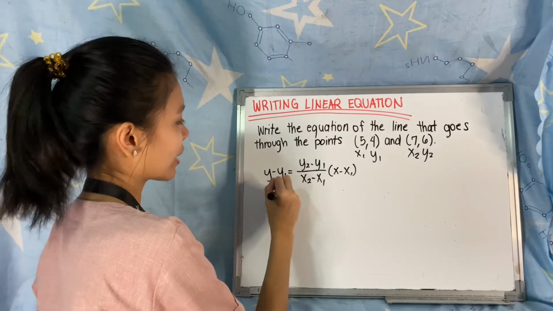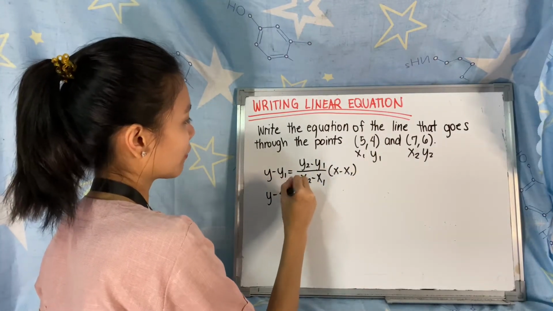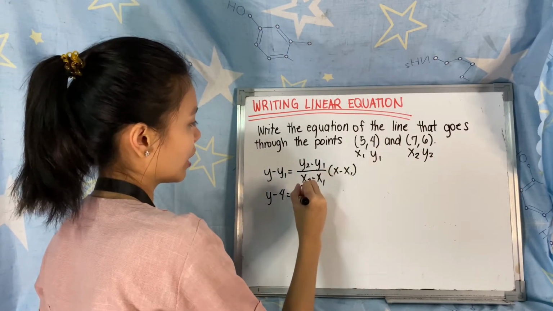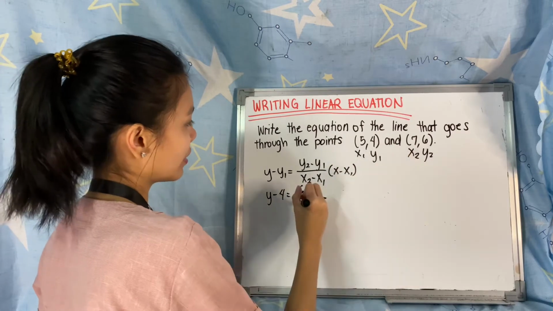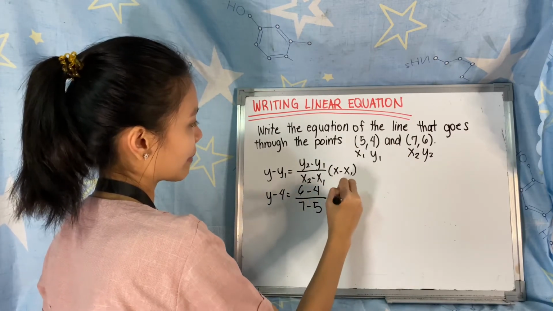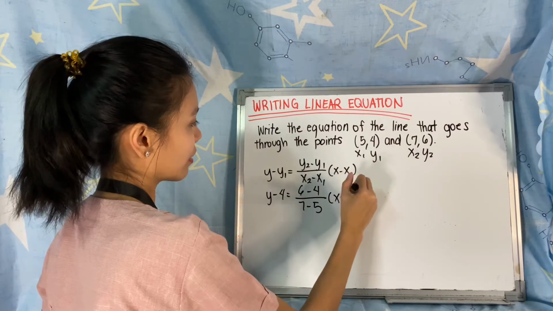So, y minus y sub 1, that is 4, is equal to y sub 2, that is 6, minus y sub 1, which is 4, all over 7, x sub 2, and 5, x sub 1, multiplied by x minus x sub 1, which is 5.